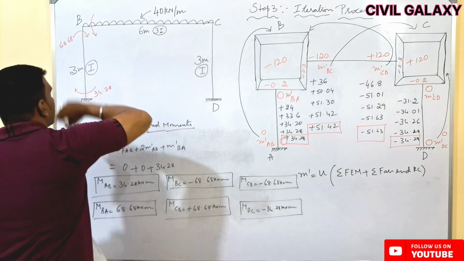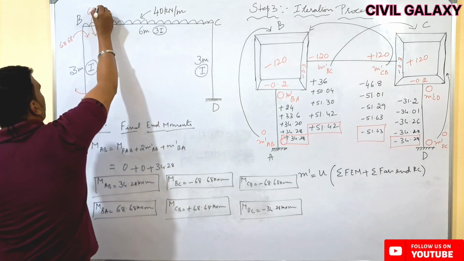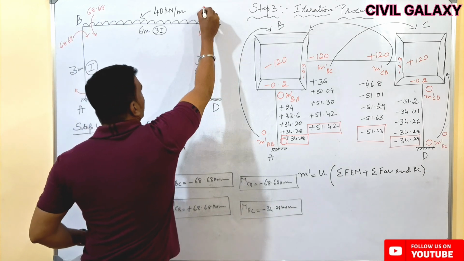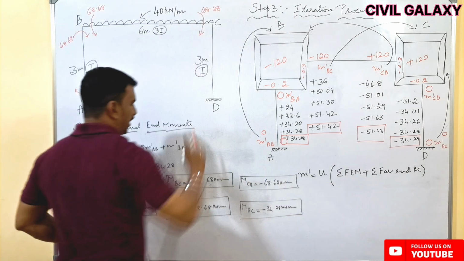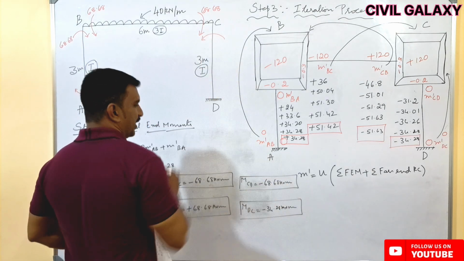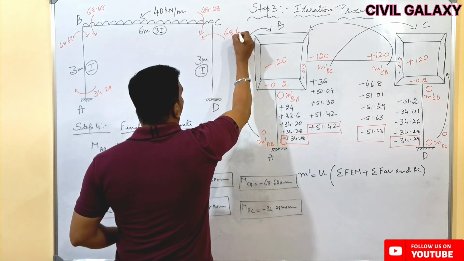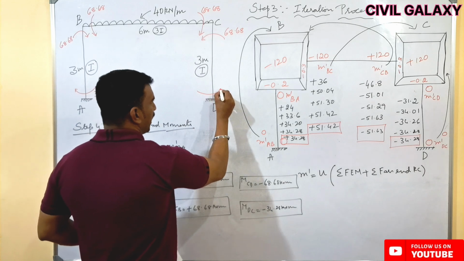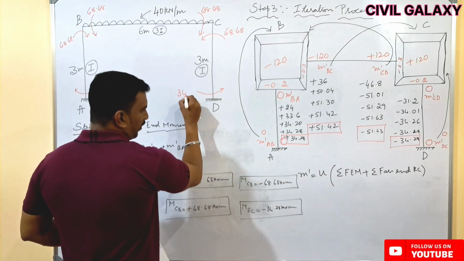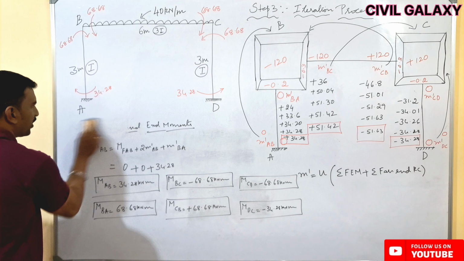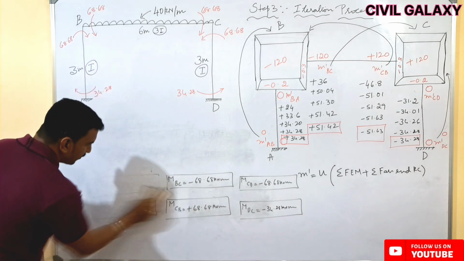So here it is negative, which is 68.68, and from C to B it is positive over here, which is 68.68, and from C to D it is negative over here in the anti-clockwise direction, which is 68.68, and D to C also here it is negative, in the anti-clockwise direction, which is 34.28. So now based on these values, we can further calculate our support reactions. So see here.